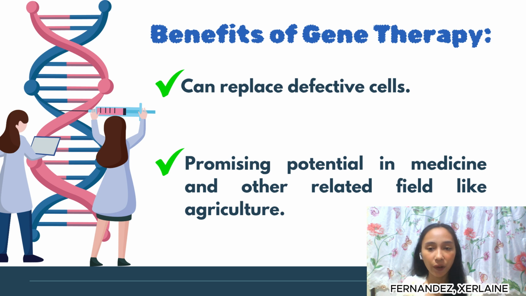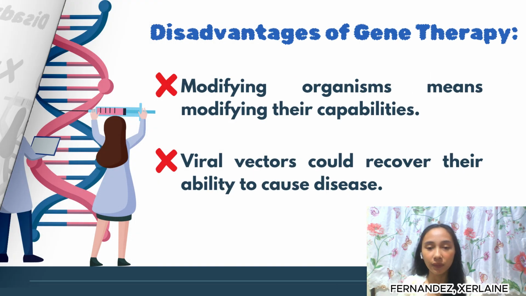Second, gene therapy can replace defective cells, allowing normal cell function to be restored. Third, its potential extends beyond medicine. Gene therapy also shows promising applications in agriculture, such as developing disease-resistant crops or improving animal genetics. Overall, these benefits highlight gene therapy's potential to improve health and quality of life.